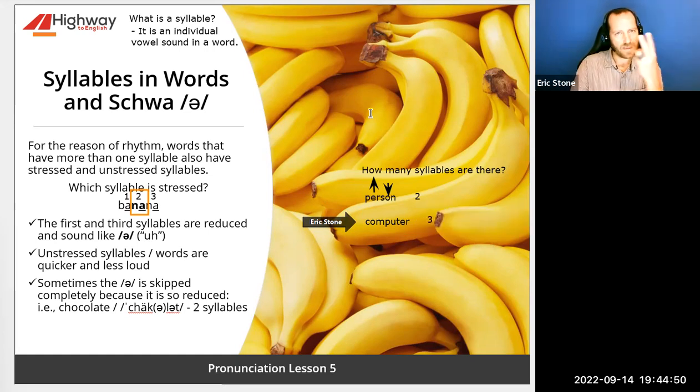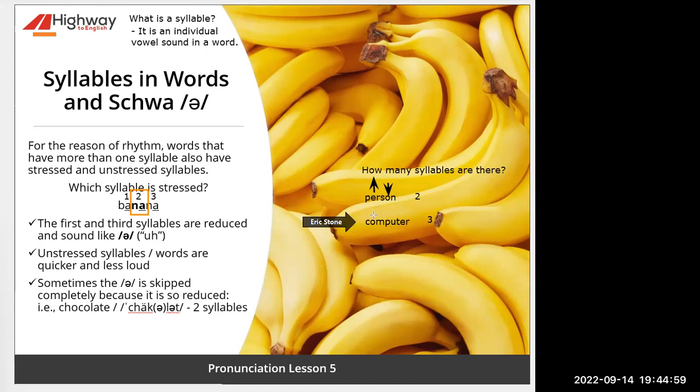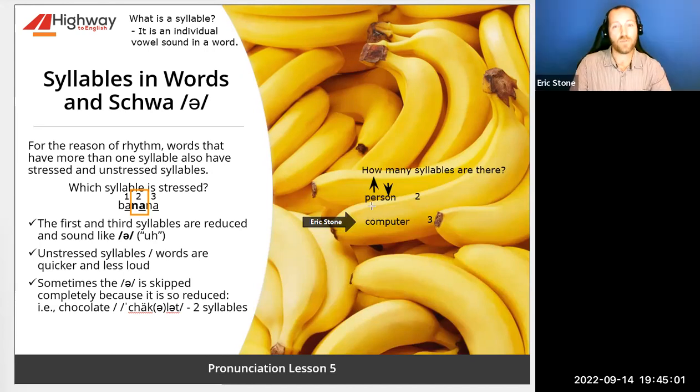The first, second, or third syllable? Computer. It's maybe the second one. Correct. Good. We stress the second syllable. Great. Good job. The second syllable is stressed. Really nice. Let's try another one.